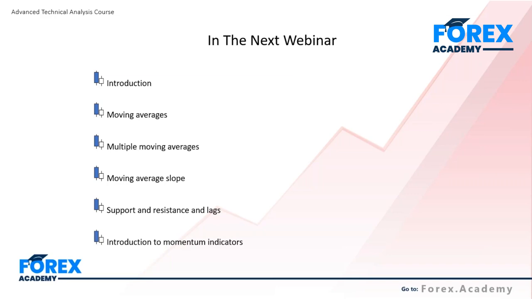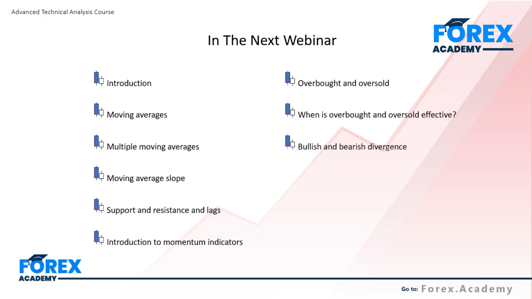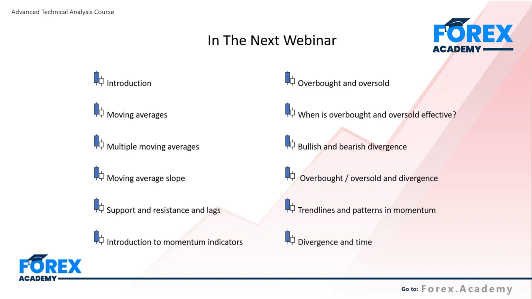We will then move our discussion onto momentum indicators, looking at what overbought and oversold means, discussing and getting an understanding as to when overbought and oversold is effective, what bullish and bearish divergence is, combining overbought, oversold, and divergence, and then discussing how you can also apply more traditional methods such as trend lines and patterns in momentum. We will then conclude the webinar tomorrow by a brief discussion on the importance of time when it comes to divergence.